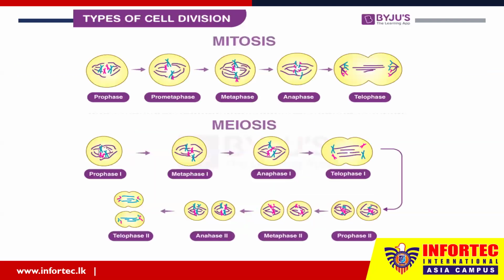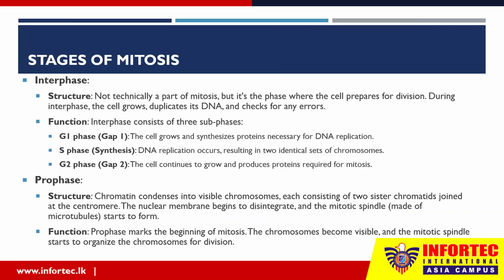Even here, they have indicated interphase as a stage of mitosis. It is not technically a part of cell division because it is a cell growing part. Okay, interphase, as in the picture we previously saw, has G1, S and G2.